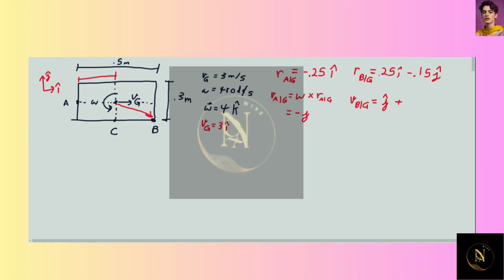So this will end up giving us a positive 0.6 i-hat. So we have our two velocities then. That's pretty simple so far.